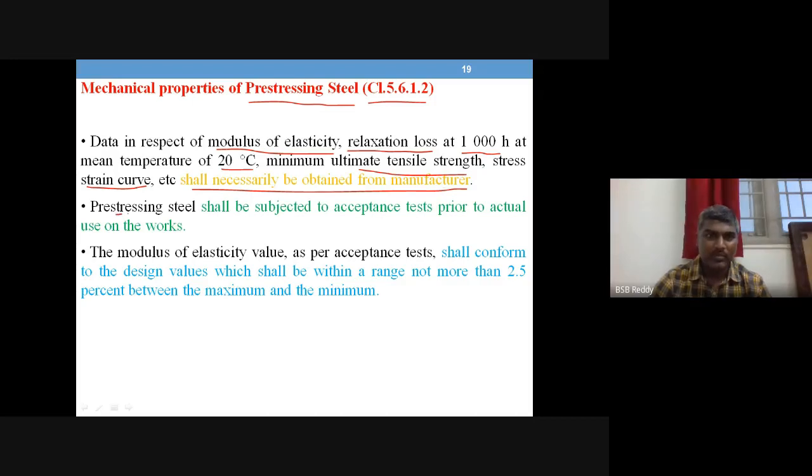Okay, and pre-stressing steel shall be subjected to acceptance test prior to actual use on the works. I mean the acceptance criteria which we were discussing, like 5% of the specimens, a result of them shall not fall below the respective strength value, right?